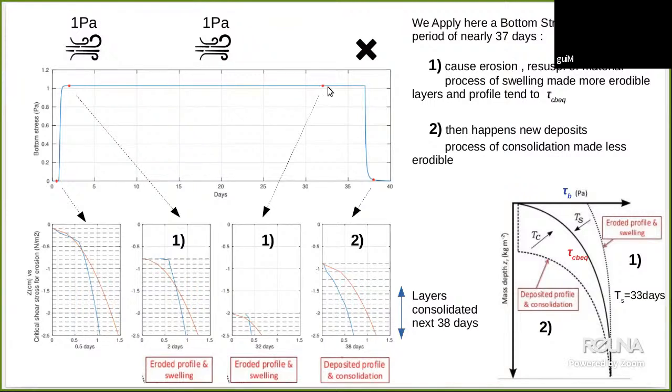Next 32 days, I remind you the time scale was 33 days. That means that the profile reaches the equilibrium profile in this way, and then reaches the other part and begins to have a deposited profile, as we can see here. So we have consolidation next, 38 days, sorry. And also we can see that when we cut off the bottom stress, we have deposition again.